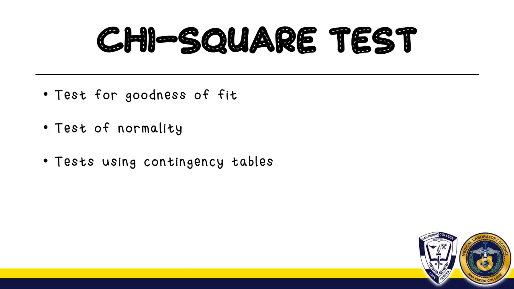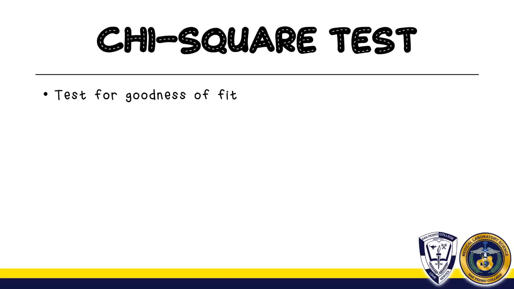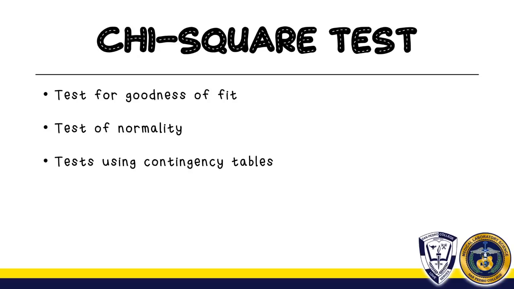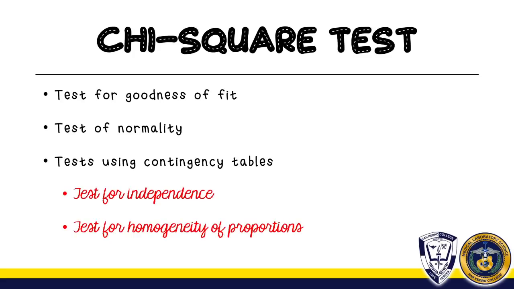We have your test for goodness of fit, test of normality, and test using contingency tables. Under contingency tables, we have two: your test for independence and test for homogeneity of proportions.